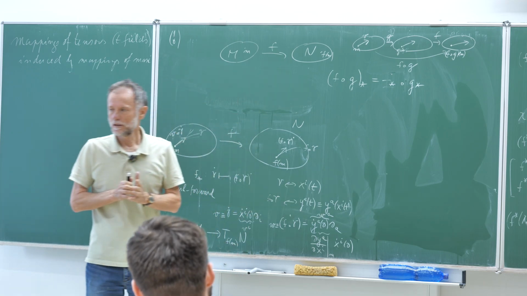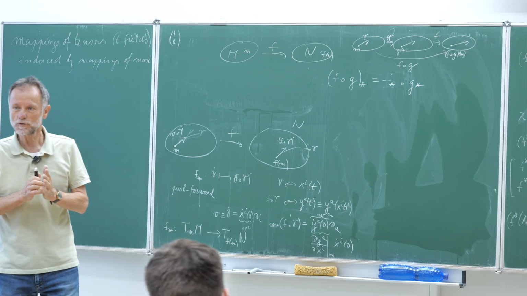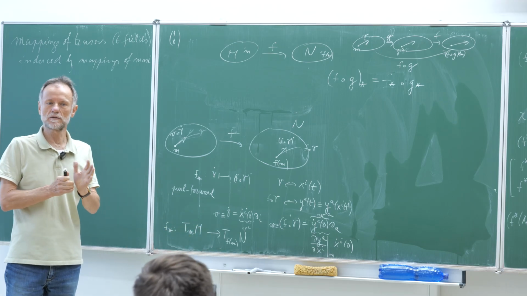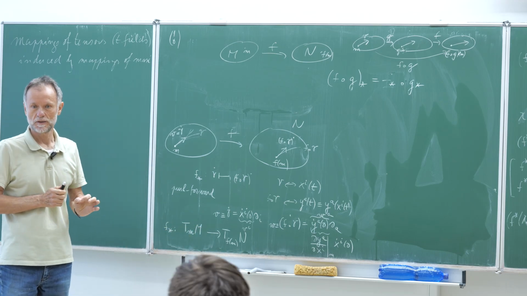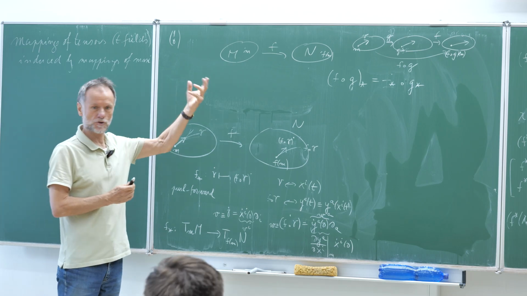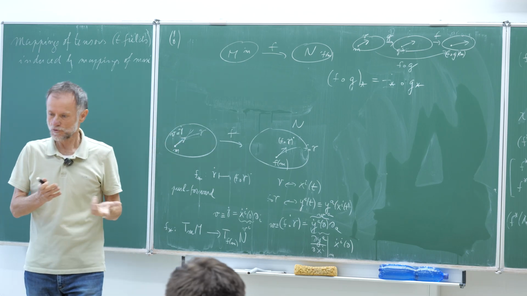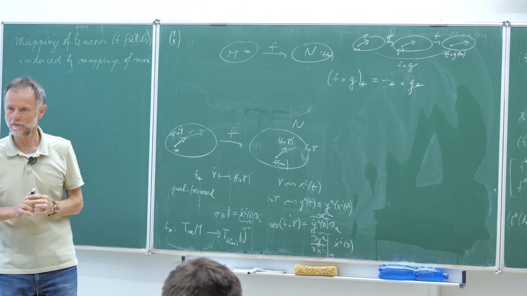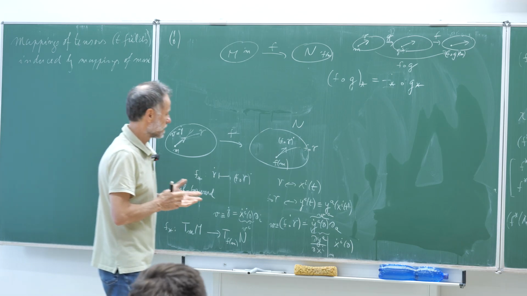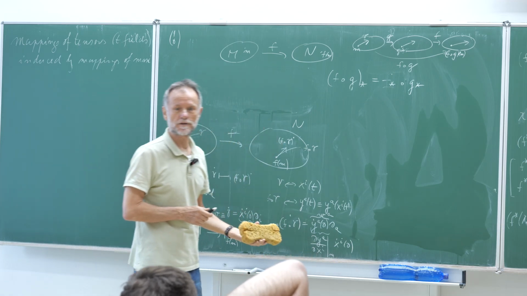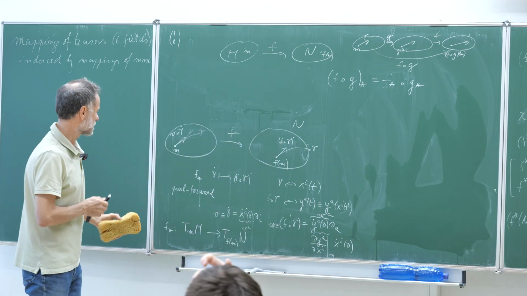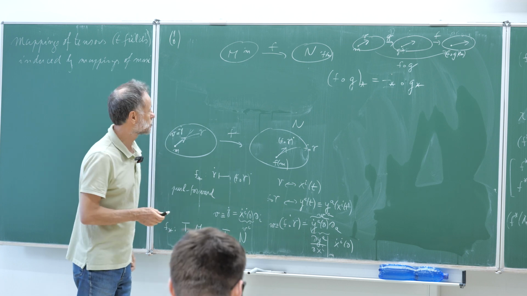Now, why did we start with the pointwise construction and not directly with vector fields? Because the analog of functions should be vector fields, not individual vectors. Yes? Because it doesn't work in general for vector fields. There are at least two problems.